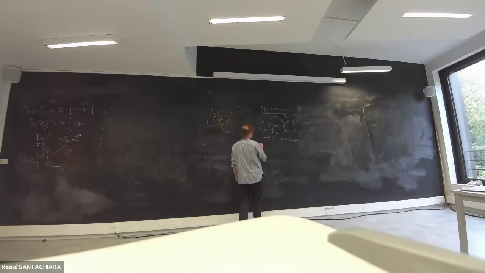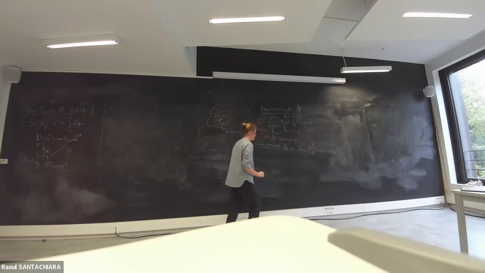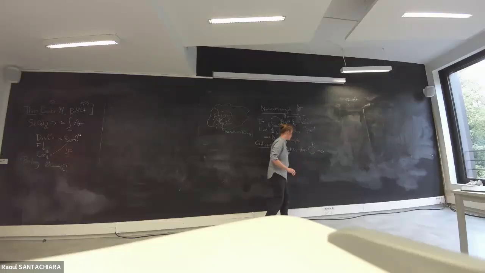So the contrapositive is that if A is non-semi-simple, then this is going to be equal to 0. This will be any closed loop by a projective.